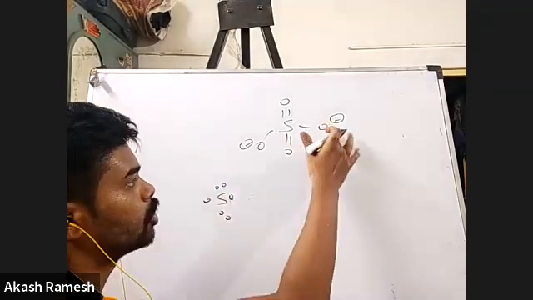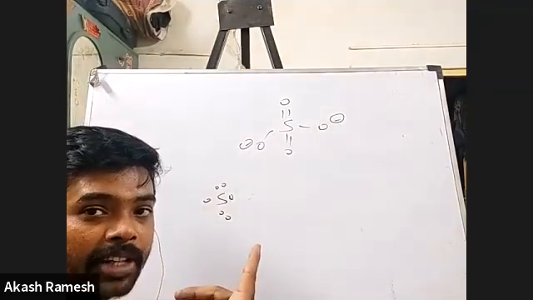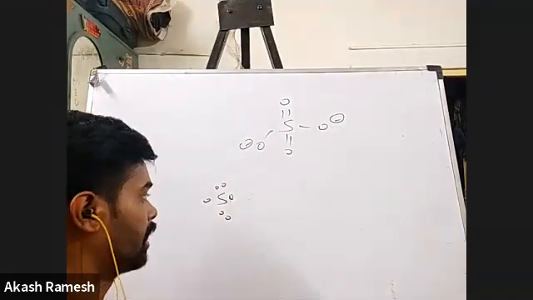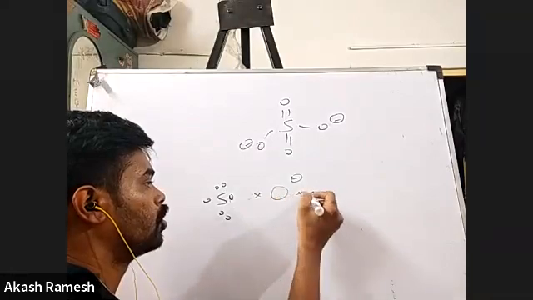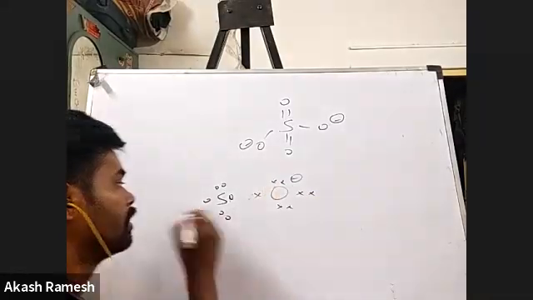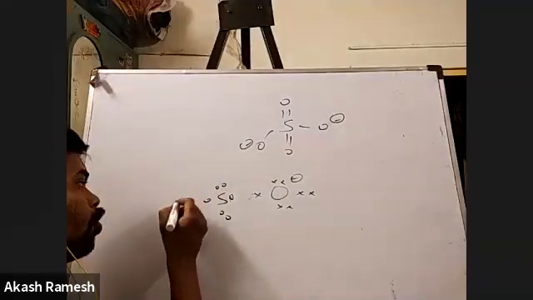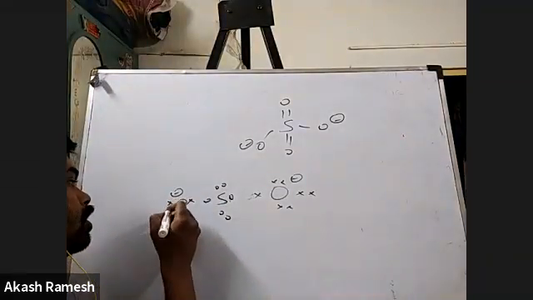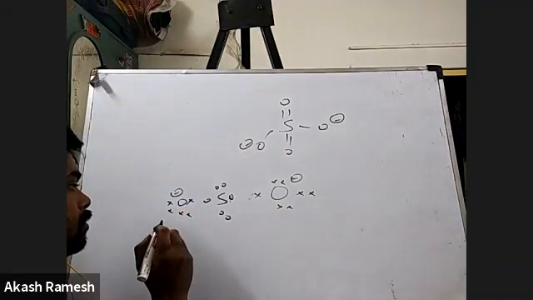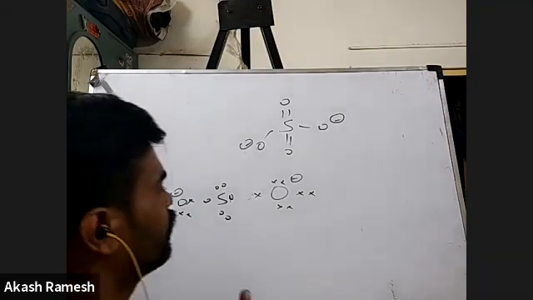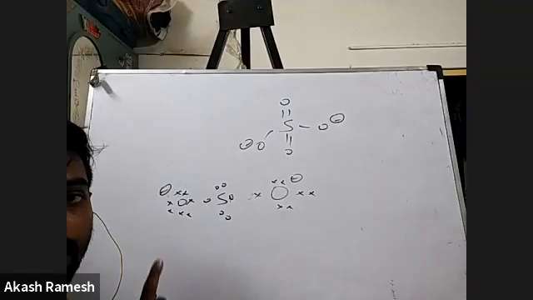And 2 of the oxygen atoms are O minus, so instead of 6 valence electrons, they will have 7: 1, 2, 3, 4, 5, 6, 7. Same way, another oxygen atom is O minus, it should have 7. So there is one more with a negative charge.